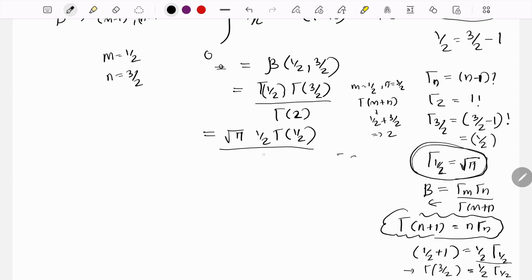Here also gamma of 1 by 2 is root pi. So this is equal to root pi into 1 by 2 into root pi, that is 1 by 2 into pi, that is pi by 2.